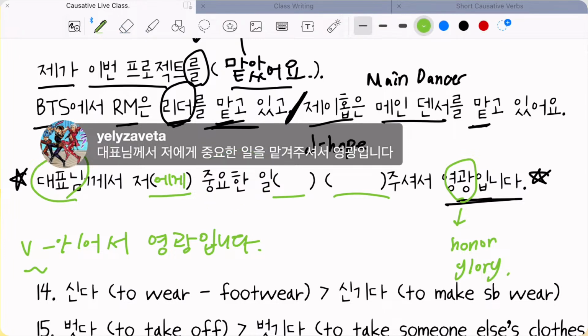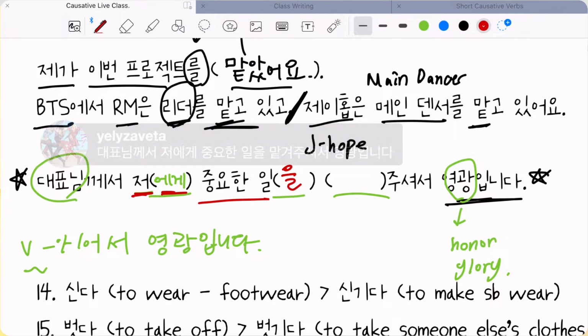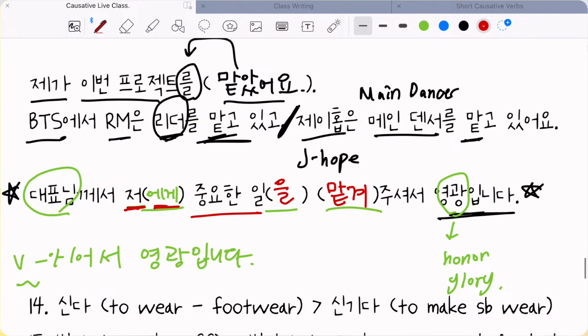So you mark the causee with 에게 particle, and the direct object of 맡기다 with 을, 저에게 중요한 일을, and then we're using the causative. So 맡기다, 맡겨주셔서 영광입니다. It's an honor that the CEO of our company entrusted me with such important work.